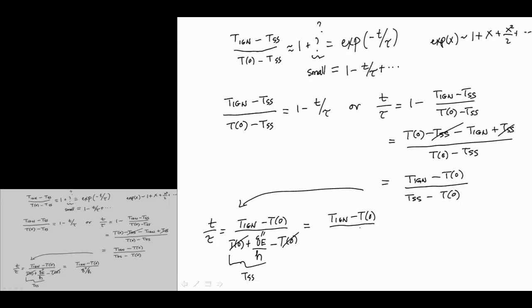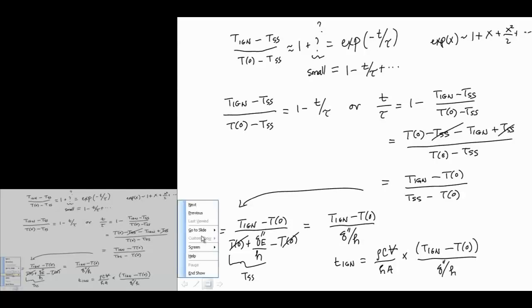Now, what the book and text will say is, they'll say, okay, well, t_ignition is equal to our characteristic time, rho C V over hA, times this (T_ignition minus T0) over (q divided by h). Okay? You get the message, but we do actually need one more screen.